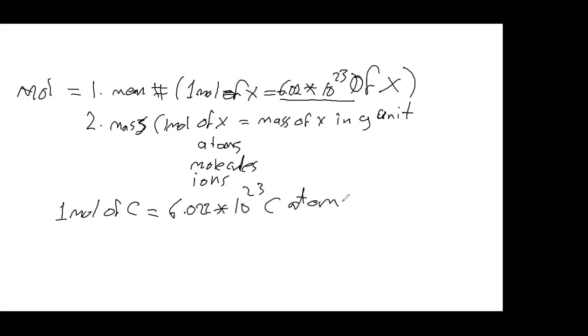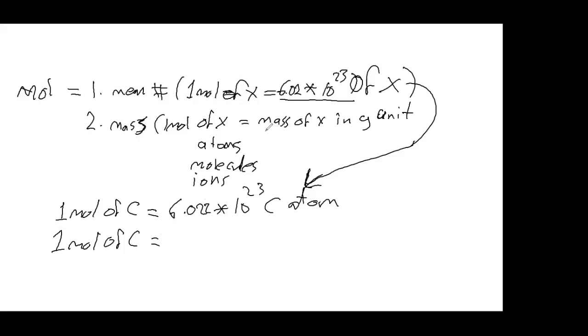So here our X is the carbon atom. We said 1 mole could mean mass. So 1 mole of carbon will equal mass. What is the mass? It is the mass of X. Our X here is carbon. So the mass of carbon in a gram unit, what is it?